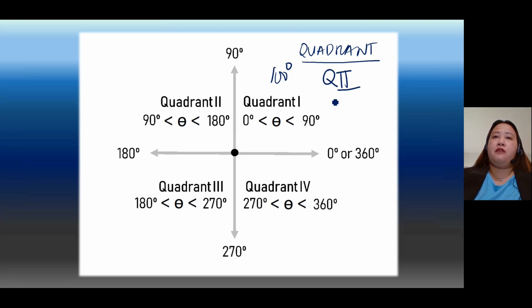If you have, say, for example, 355, then 355 degrees is in quadrant 4. Please take note that even if the angle becomes negative, the quadrants will be the same.